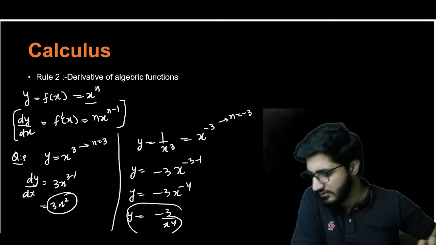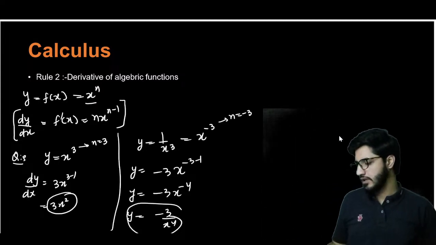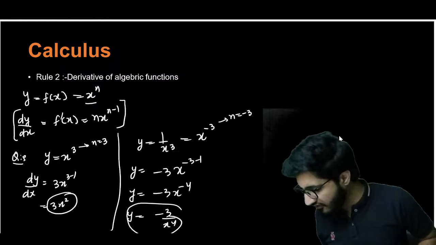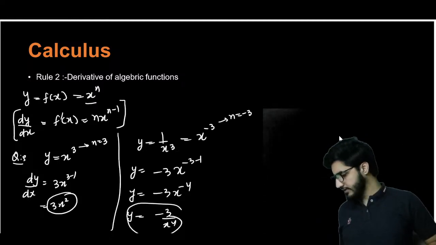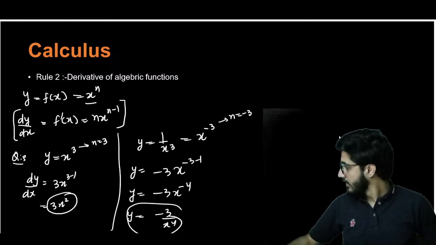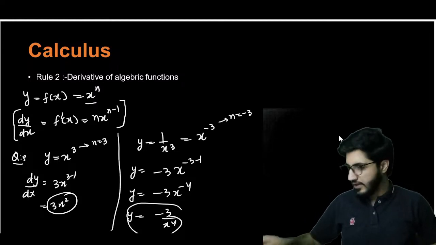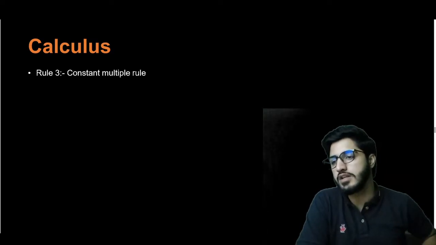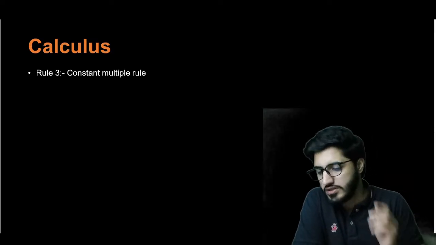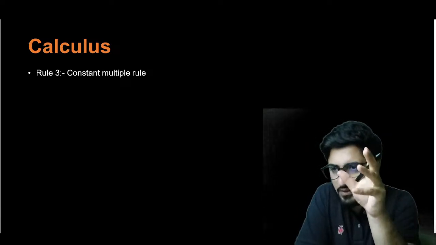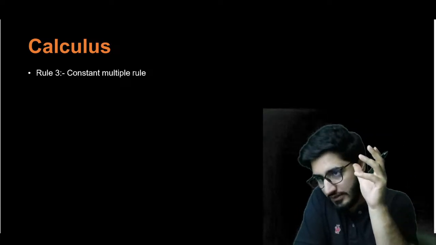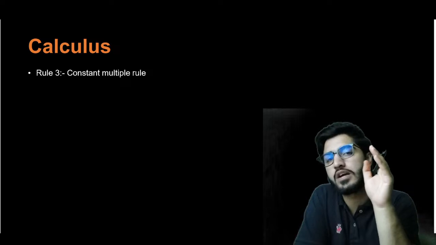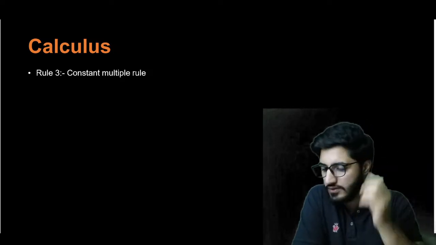By this way we can do it. Now the third type, the constant multiple rule. If we have a constant with some variable, we can take the constant outside and differentiate only the variable portion.